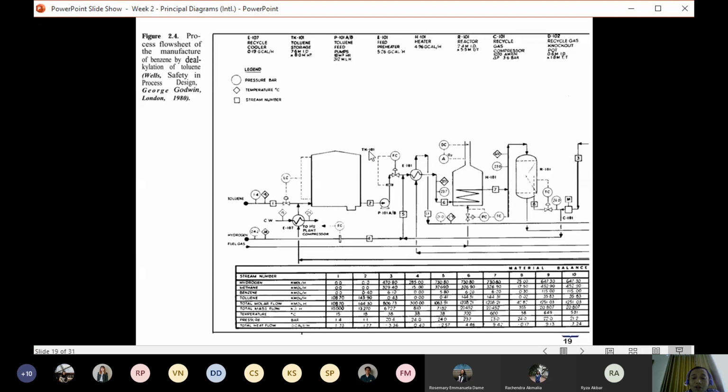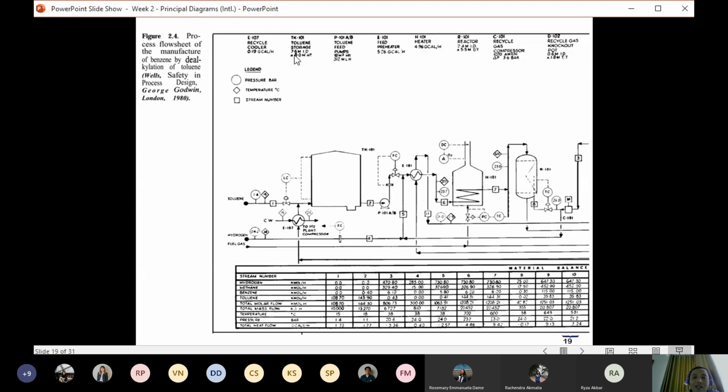When you want to see what TK101 is, go to the upper side. Around that you will see a code and then the name of the equipment, for example, TK101 toluene storage. They also give you the basic dimensions, the specification of that equipment.